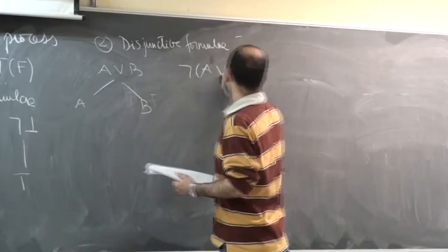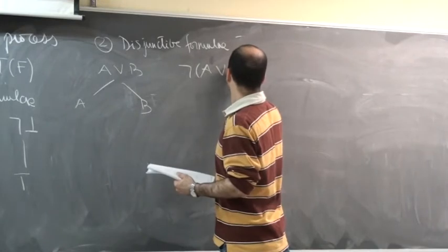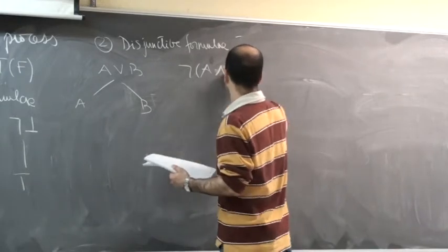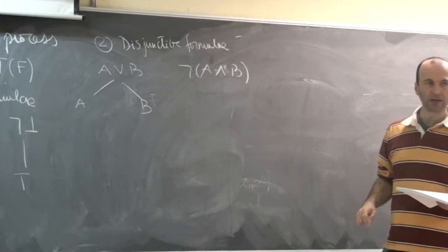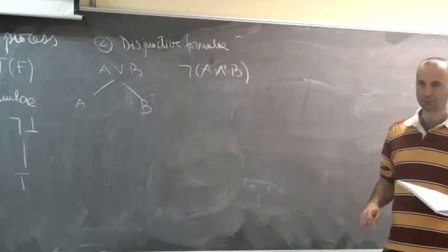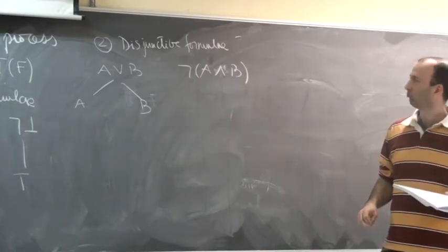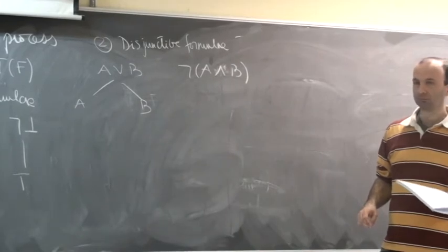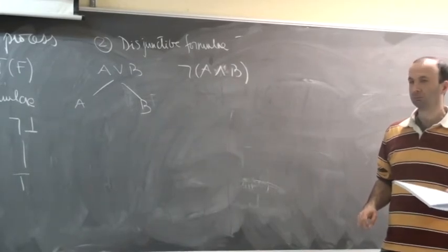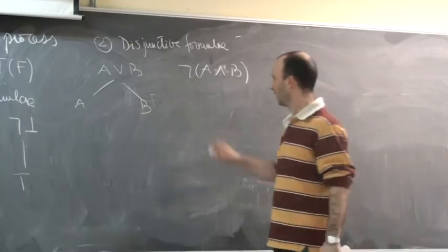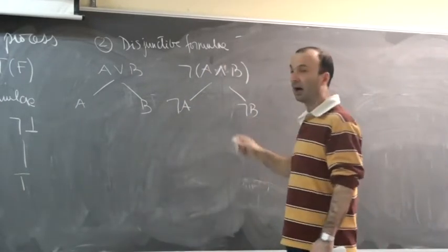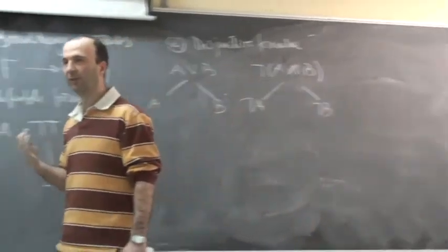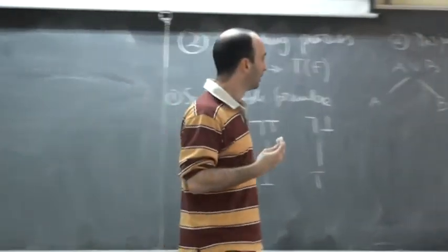So if I have that, how would I branch? Not A and not A. Yeah, I'm just branching according to the logical equivalence, right?